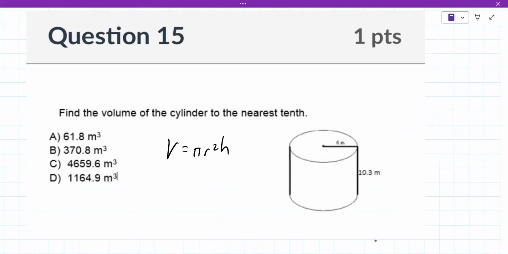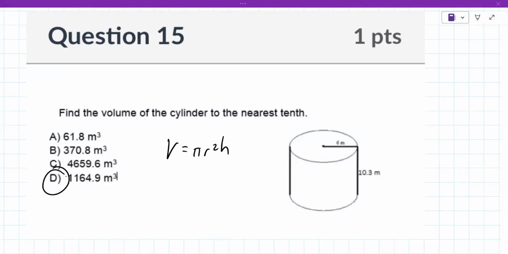All right. 6 inches squared times pi. 36 times pi times 10.3. My answer is going to be D. D, good.